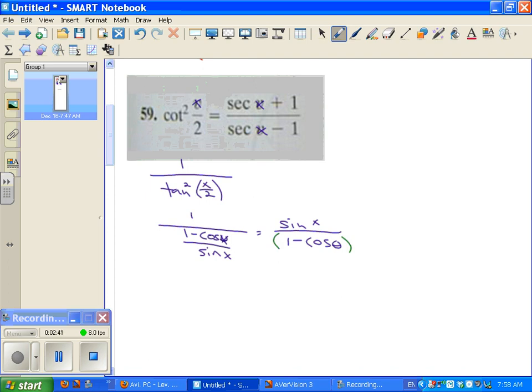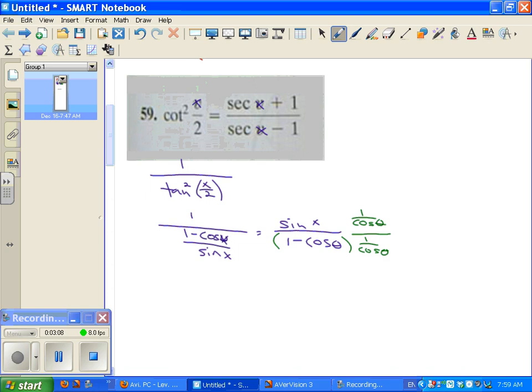So, my initial thought is to try that one trick that we've used a couple times, because the bottom looks right, and if I divided both of these by cosine, I would get the bottom that I wanted. I don't know if that's really going to help me or not, but I can try it. So if I multiplied by 1 over cosine, I'm going to have to do the same thing to the top and the bottom so that that's a 1. Follow that?